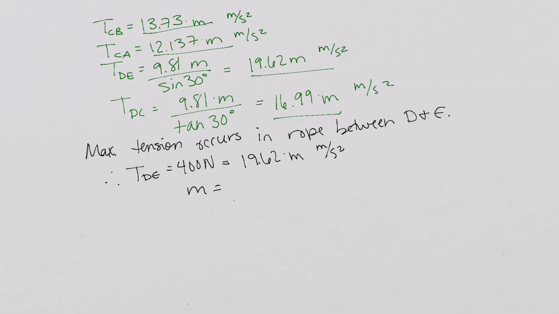And then we get that mass is equal to 20.4, and that would be in kilograms, because newtons is kilograms meters per second squared. So that would be the answer. And it just wants to know the maximum mass.